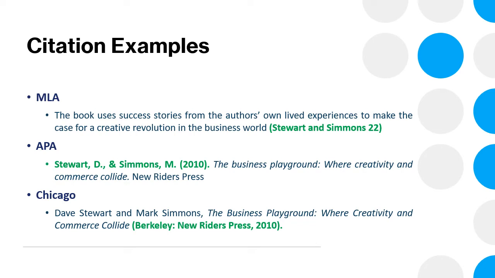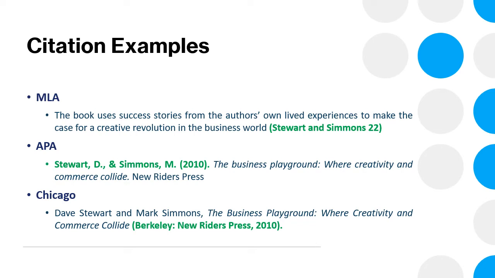This is the paraphrase I made, and I cited the author, Stewart and Simmons 22. Here you can see author name and 22. This is the only thing that you have to provide in brackets under the MLA style.